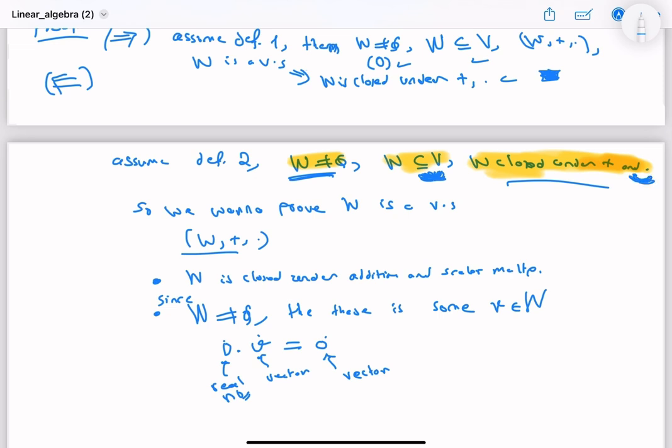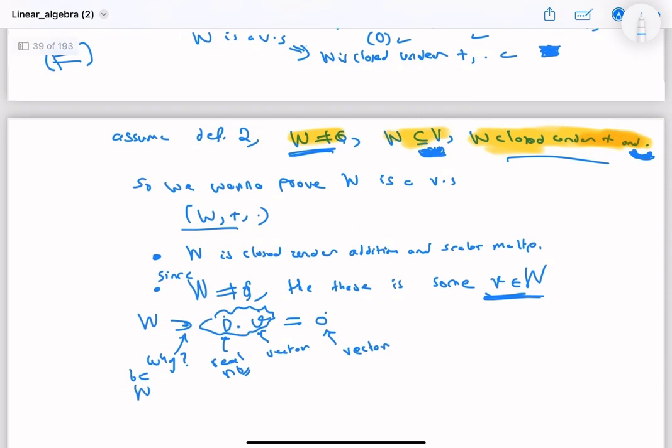Which means if you take a vector in omega and you multiply it by any real number, you get also a vector in omega, which means that this thing, since v is in omega, is in omega. And let me just state here why: because omega is closed under the dot, which means that 0 is in omega.